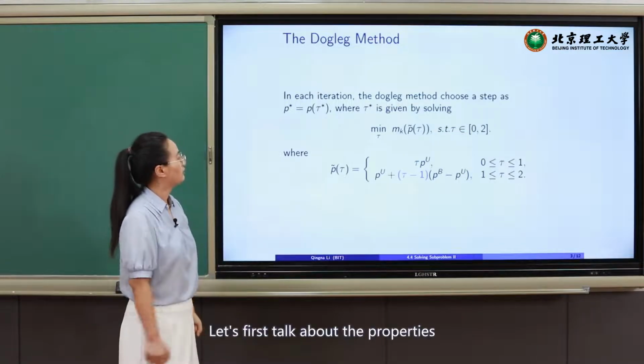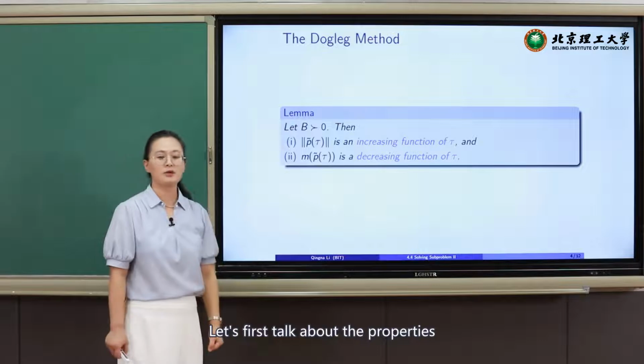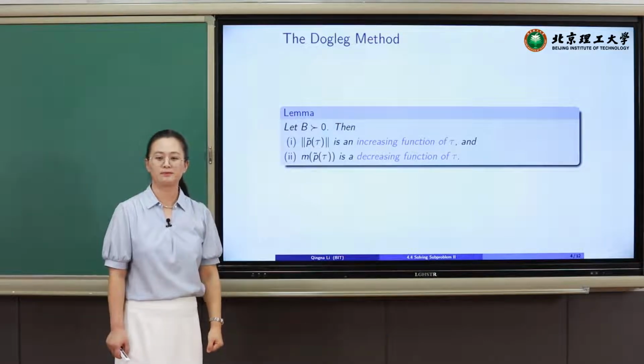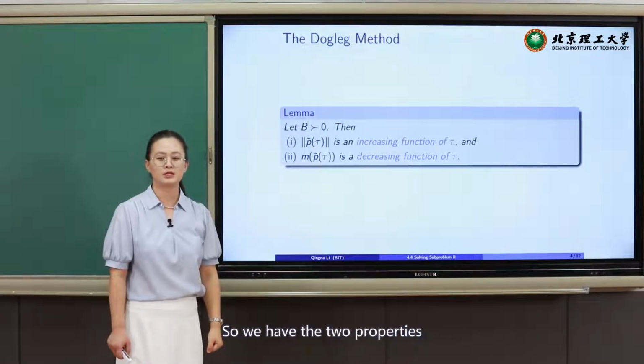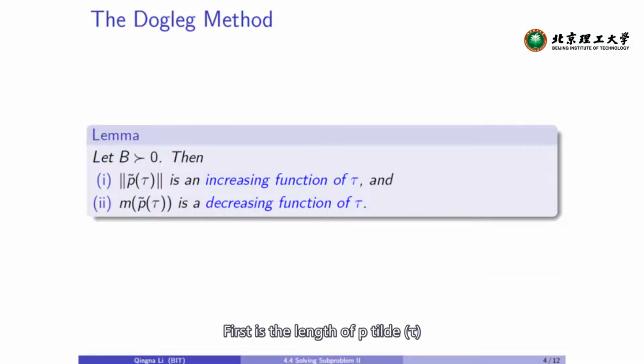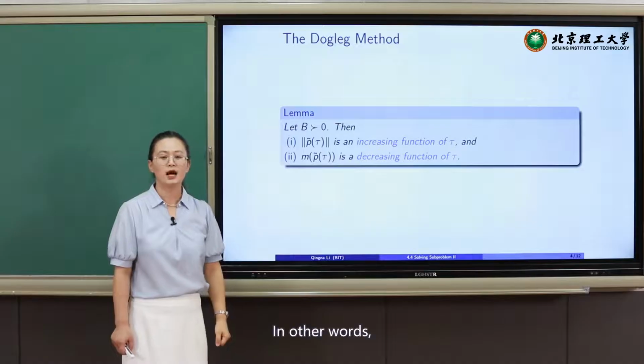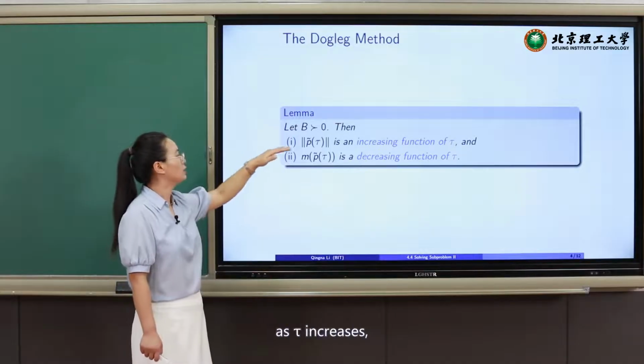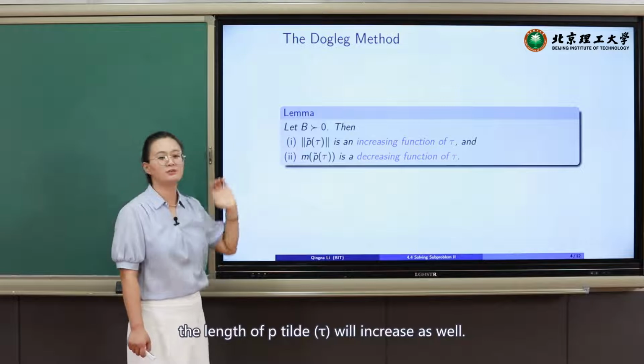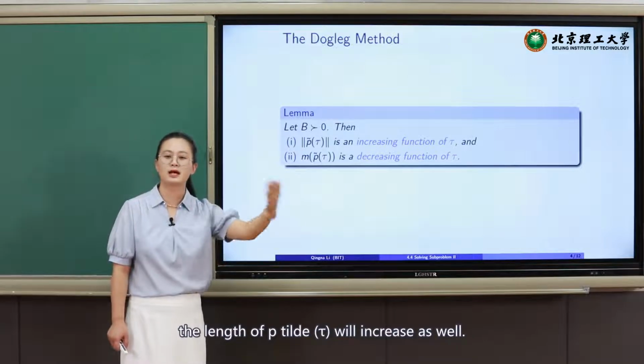Let's first talk about the properties of the dogleg method. We have two properties. First, the length of p tilde tau is an increasing function of tau. In other words, as tau increases, the length of p tilde tau will increase as well.